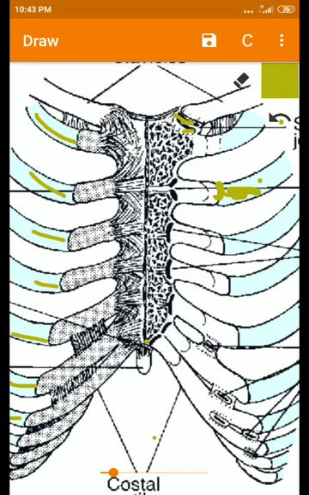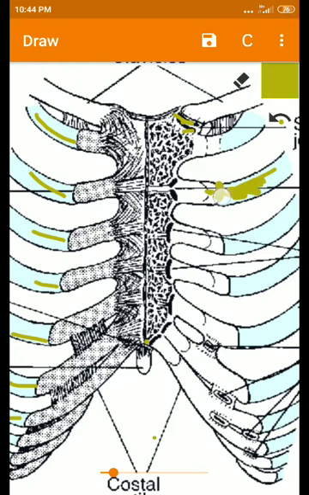Costa means rib, and chondra means cartilage. So a joint is formed between the rib and the costal cartilage, called the costochondral joint.